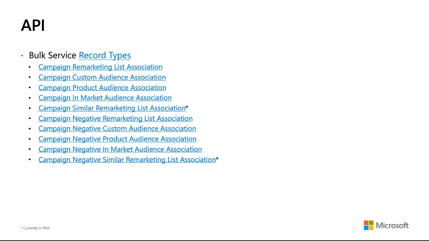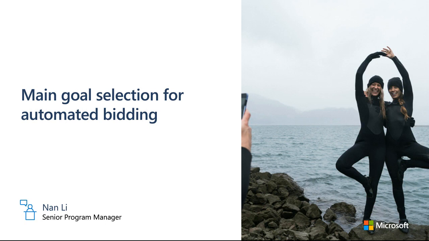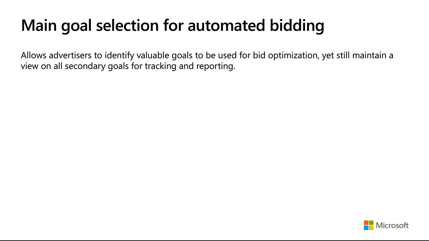So now moving on to main goal selection for auto bidding. Most advertisers are tracking conversions across different channels and funnels to ensure that every single step of that consumer journey is being captured. However, not all conversion actions are the same.